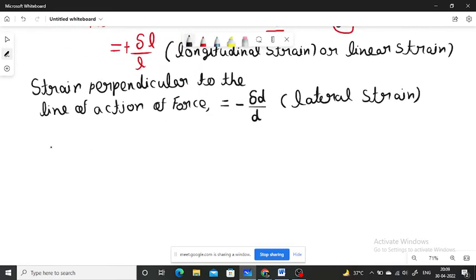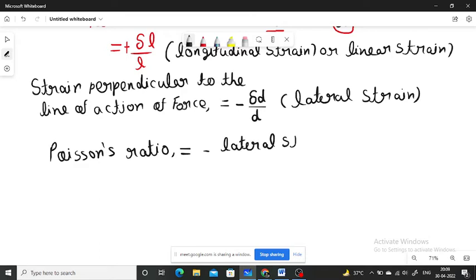Here Poisson's ratio is equal to the minus lateral strain upon longitudinal strain.